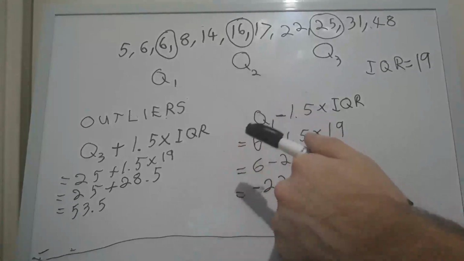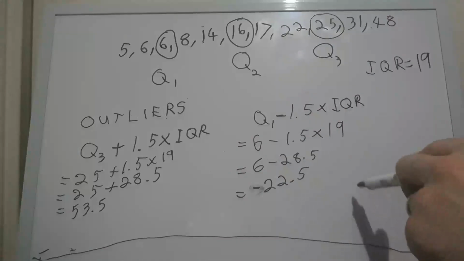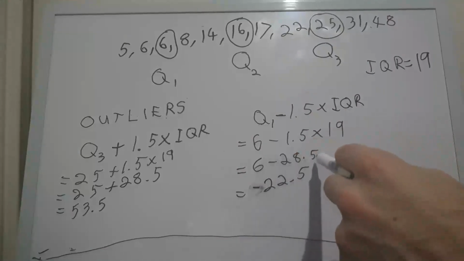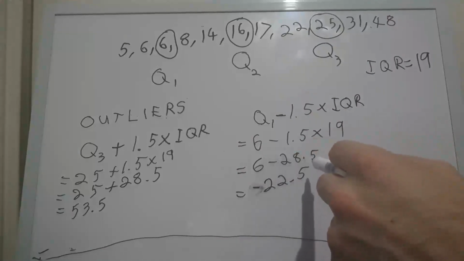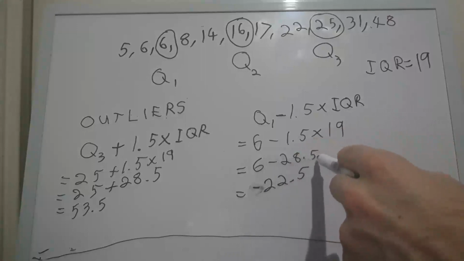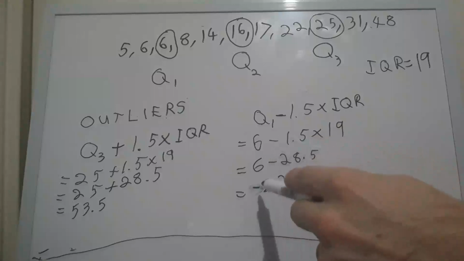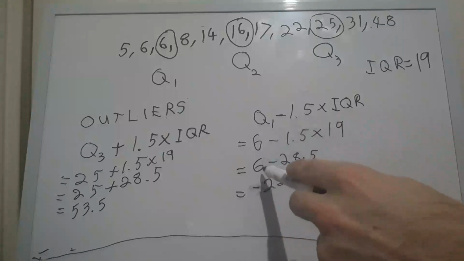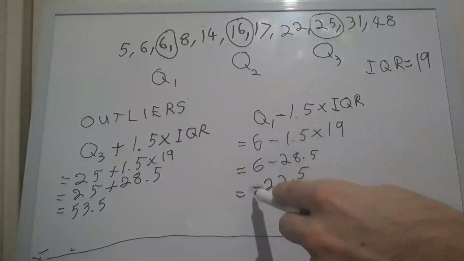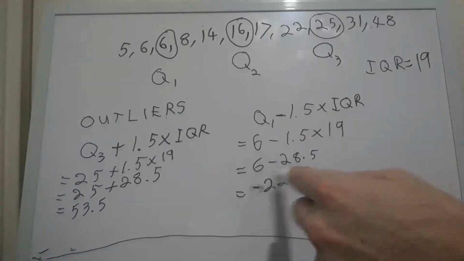Just for the record, 6 minus 28.5 in my head is kind of hard to do, but 28.5 minus 6 is a bit easier. So I was doing that in my head and just putting a negative sign on the front to make my answer applicable to this.